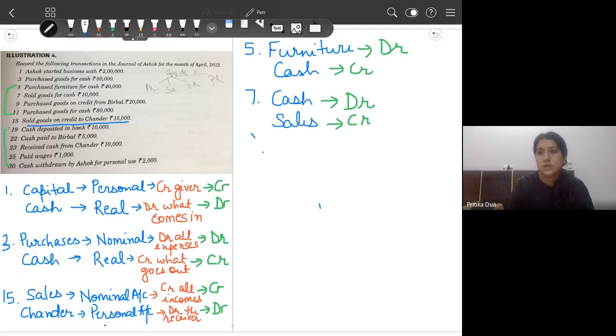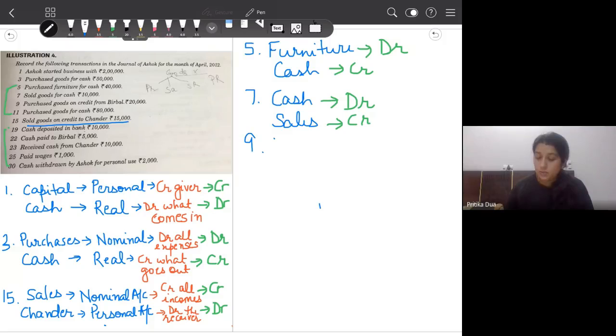Okay, in the chat box you want to answer. So the 9th entry is purchased goods on credit from Birbal. So one is purchases and the other is Birbal account. I think some typing mistake. Yes. Okay. Thank you, Gaurav.